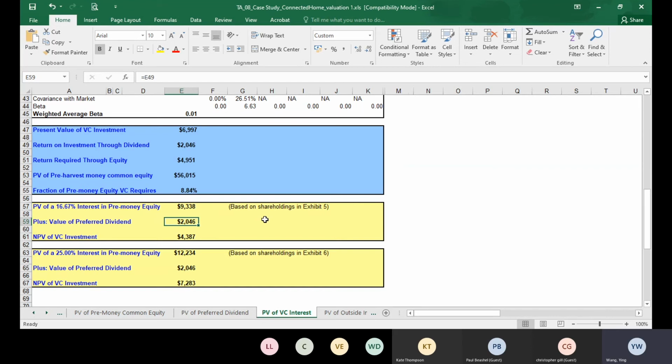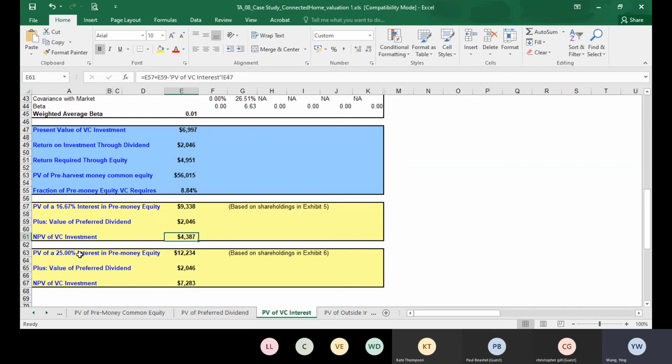You always create a new share with a preferred dividend because they want to get their return every year, a continuous dividend, and then get to the harvest. So the NPV is 4,387,000. It's less than 7 million, so you will know that they will probably reject this.